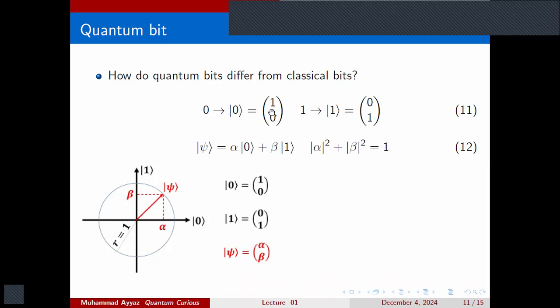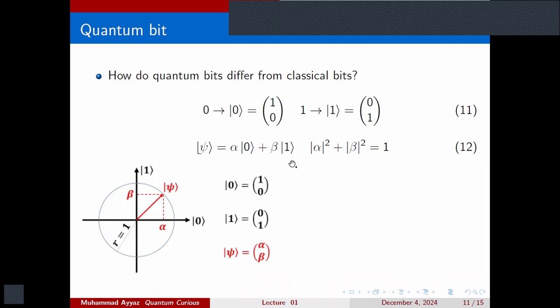So classically, a bit can have only one bit value, like it can have only 0 or it can have only 1. But a qubit is described as the superposition of the two bit values, and it can be described as a state having two bit values at the same time.